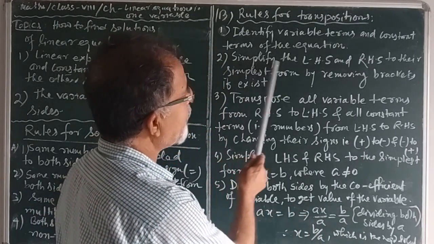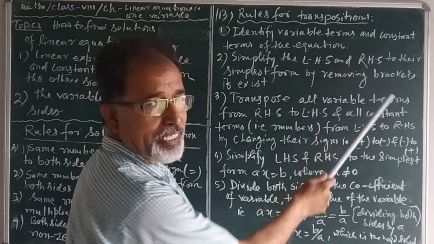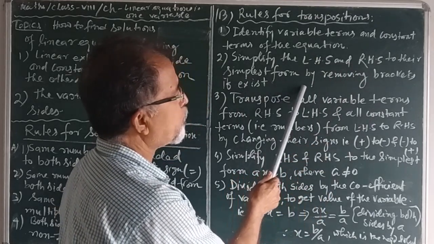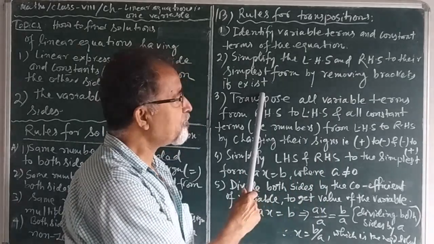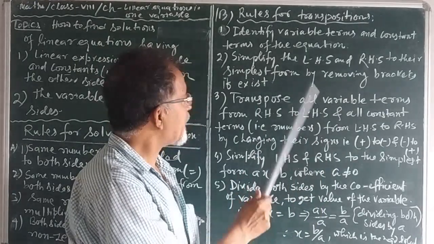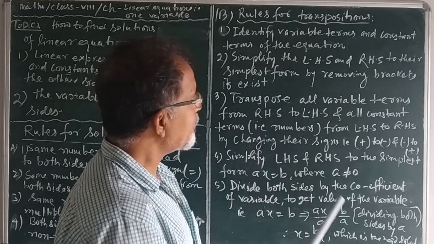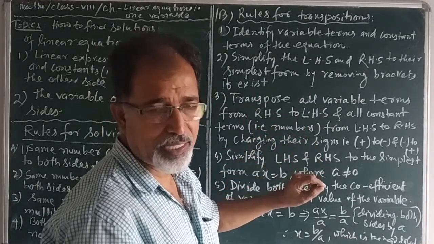Number two, simplify the LHS and RHS to their simplest form by removing brackets if they exist. If brackets exist, then we will have to remove the brackets.